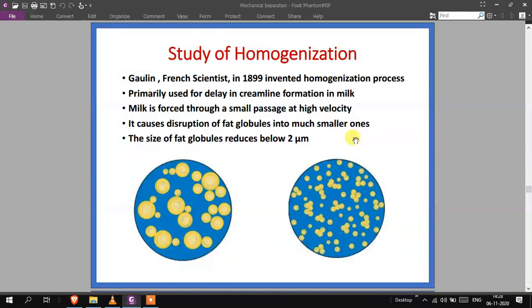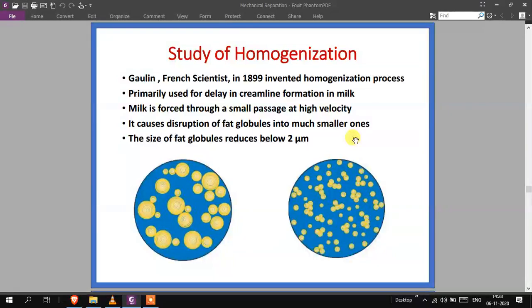So what does homogenization exactly do in this case? It reduces or delays the cream formation on the top of the milk surface. So it is basically a method of delaying cream formation by reducing the size of the fat globules.